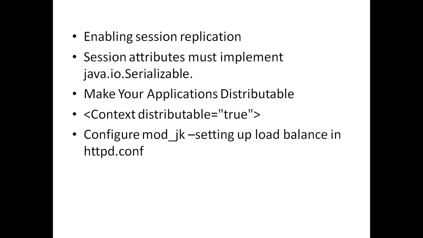Then in the Tomcat server we have a file called httpd.conf. In this file you modify the name of the algorithm which you want to use for clustering and load balancing. I am not going into much depth about clustering and load balancing, but the idea is, by making some changes in the server files, you can enable the clustering capabilities of that server so that it can better handle your distributed applications.